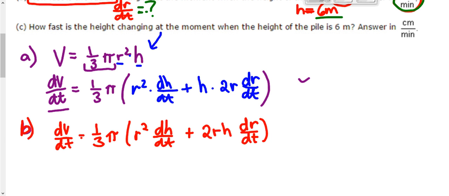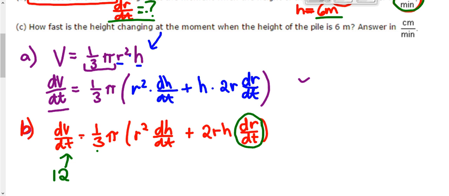So let's see what we can plug in. Well, we want to find dr/dt, so dr/dt needs to be the only thing that I don't plug in. dV/dt, they gave us way back at the beginning. They told us in the original problem that dV/dt was 12.